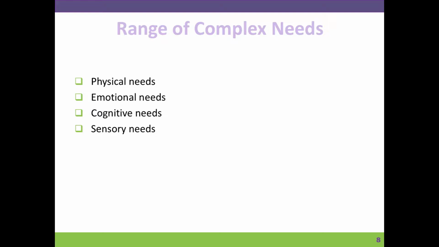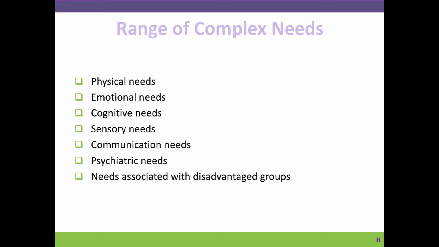Communication needs. This could include a client who slurs their words when speaking due to a past history of a stroke. Psychiatric needs. This could include a client who has a diagnosis of depression and self-isolates, refusing to participate in activities. There are also needs associated with disadvantaged groups, and we'll discuss this later on in the webinar.